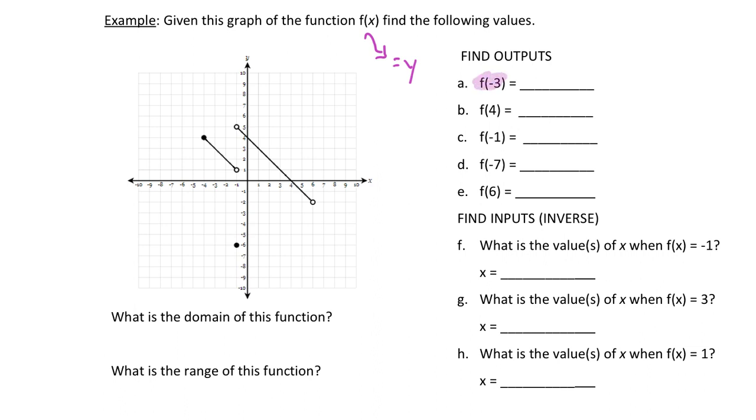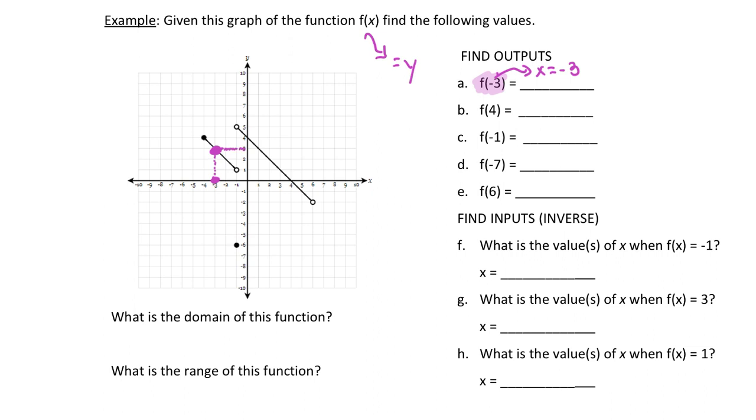So this guy right here, f of -3. What that means is that my -3 is my x. So we want to go to x equals -3 and see what happens here. So when I go to x equals -3, that's right there on my graph. And I'm going to go up to my graph and see where that lands on my function. And then I want to see what that y value is.